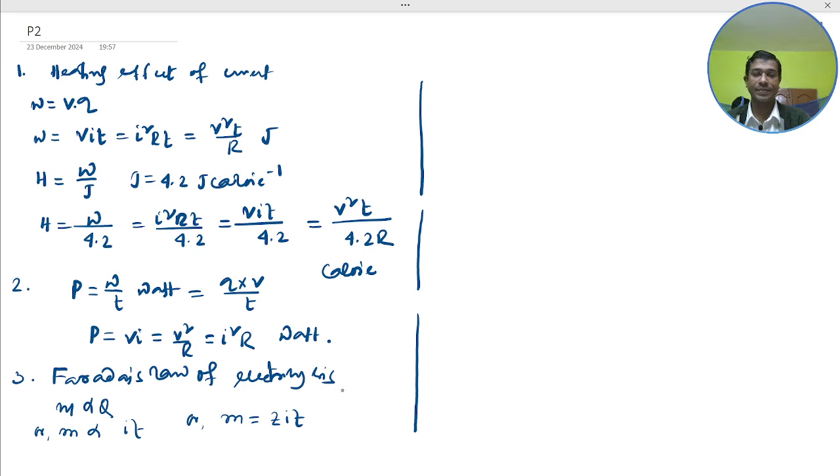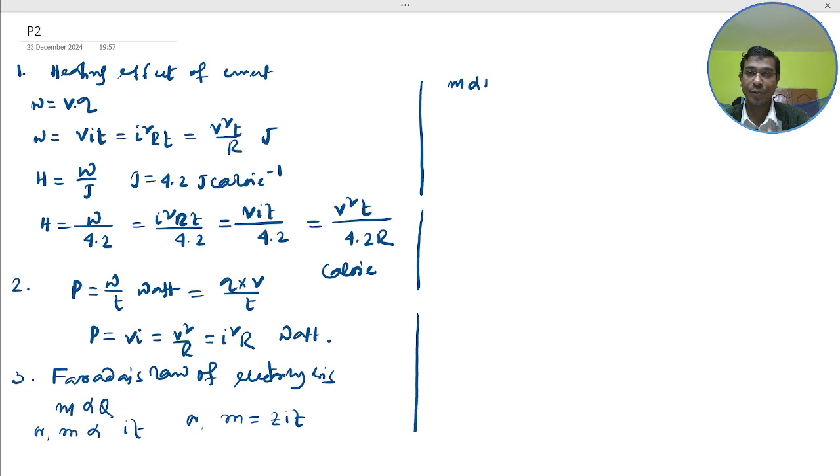The second law is defined as: the amounts of different substances deposited on electrodes by passing the same quantity of electricity through different electrolytes are proportional to their equivalent weights. You just go through your chemistry electrolytes chapter.